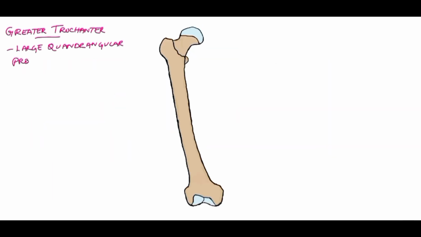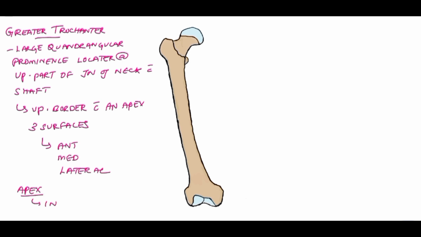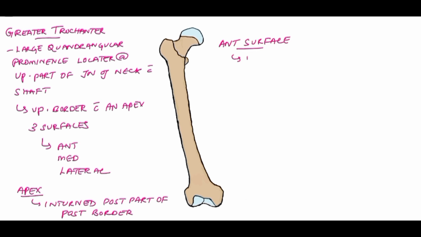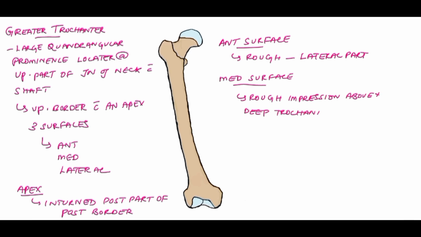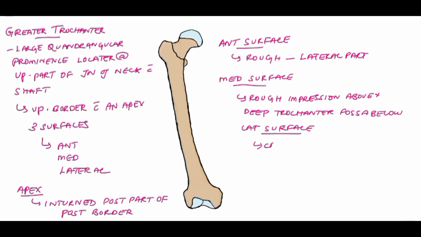Greater trochanter: a large quadrangular prominence located at the upper part of the junction of the neck with the shaft. The upper border lies at the center of the head. The greater trochanter has an apex and three surfaces: anterior, medial and lateral.